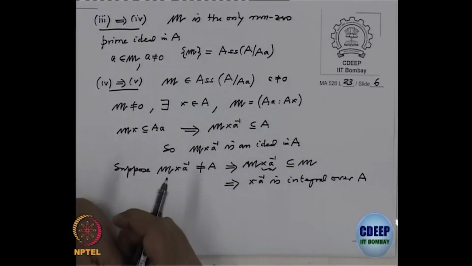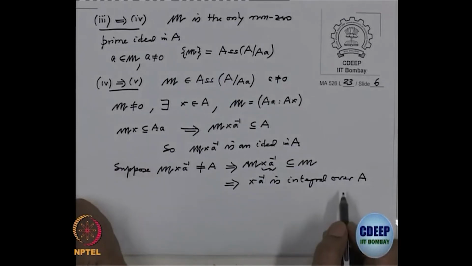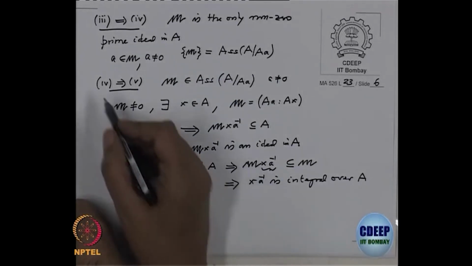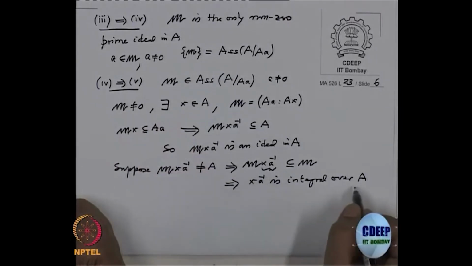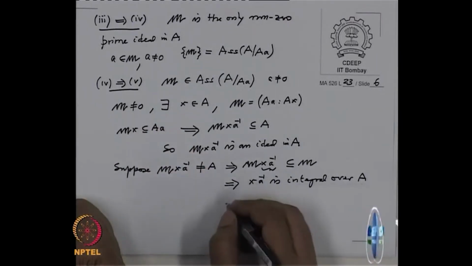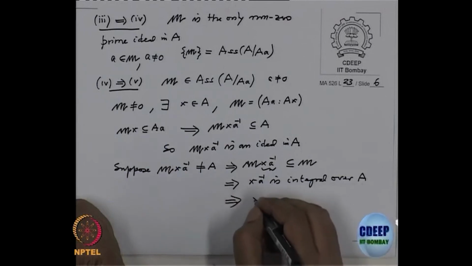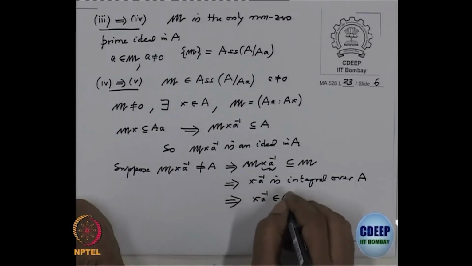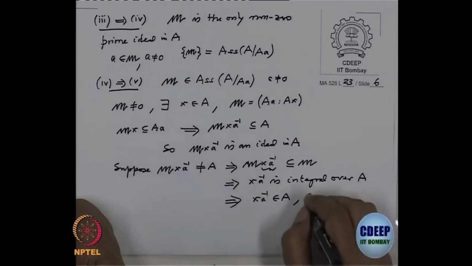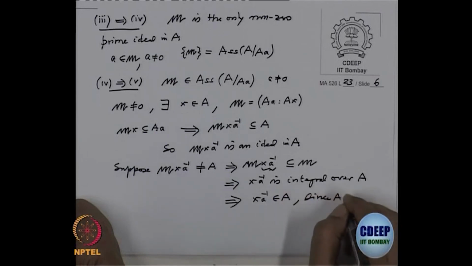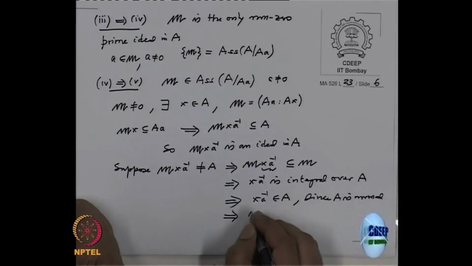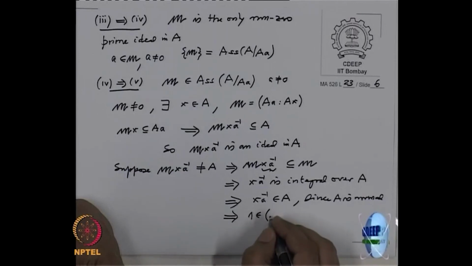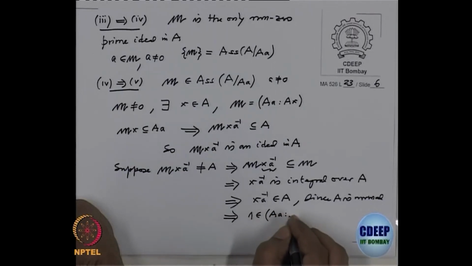Okay. But now because A was in 4, we had assumed that it is normal, and this is an element in the quotient field, since A is normal, this will belong to A. But this will mean 1 belongs to this colon, a A x.